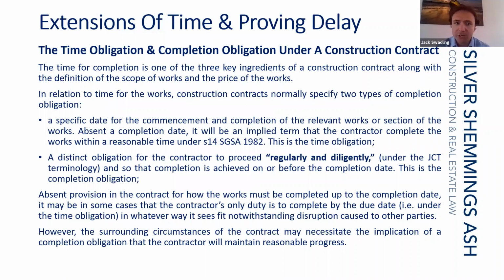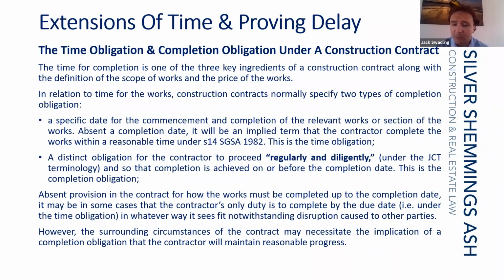So when looking at a construction contract, we can think of it as having three key elements. First of all, it's got to define what the scope of the works are. And so there is an agreement on what work is going to be completed under it. Second, there needs to be a term that is going to define the time for the work.